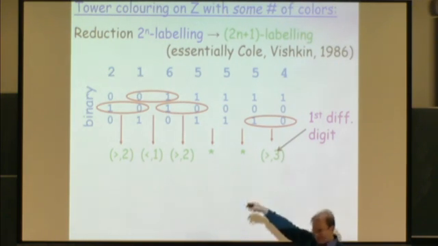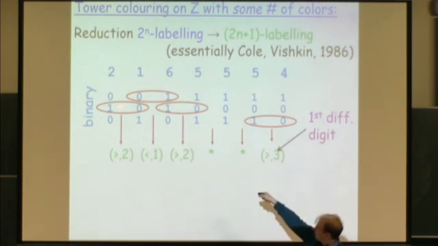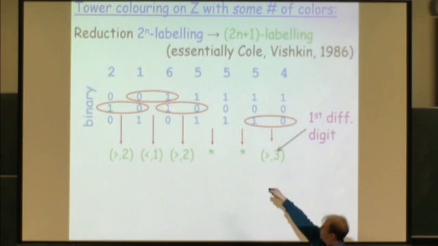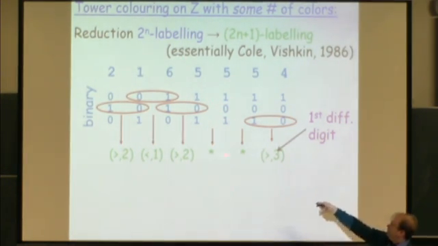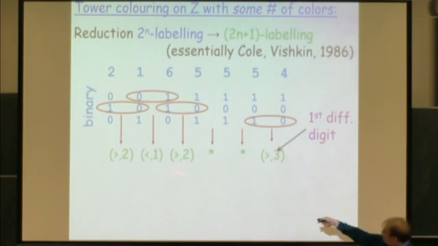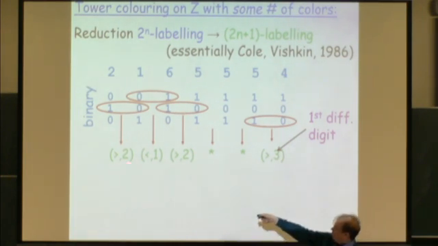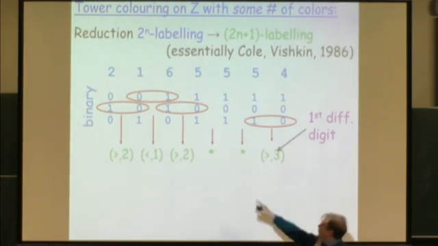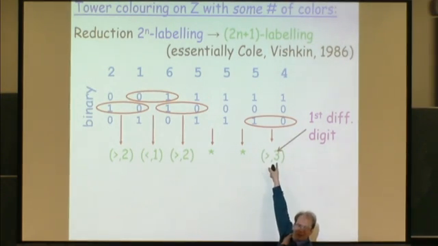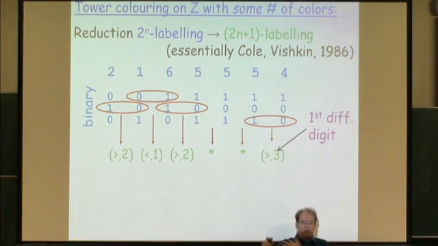If they're different, then one of their bits has to be different, and here the first one from the top is the second bit. Here it's the top one, here it's the second one. Here they're the same, 5 and 5, so I just have another symbol that I write down if they're the same. Okay, so what did I do? I ended up with a labelling, a sequence, using 2n plus 1 possible labels, because this could be greater or less, and there are n bits, and I have this extra star symbol.